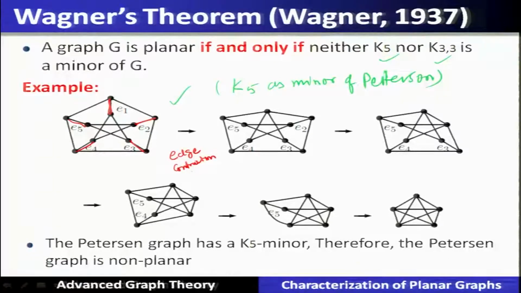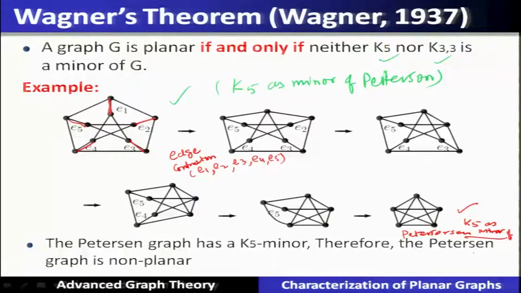On Petersen graph, following edges we have chosen: E1, then E2, then E3, E4, then E5. 5 different edges. When we perform the edge contraction, we will obtain this graph, that is nothing but K5. So, this is K5 as a minor of Petersen graph.